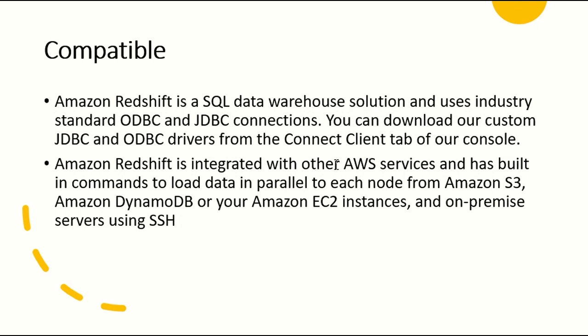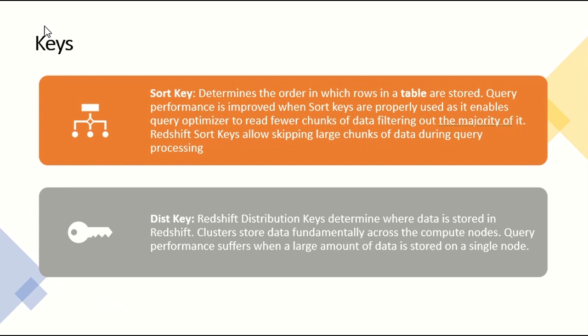AWS Redshift is integrated with other AWS services, which have built-in commands to load the data into Redshift in parallel into different nodes. You can load data from Amazon S3, Amazon DynamoDB, EC2 instances and other on-premises servers using an SSH connection. Let us see the keys in Amazon Redshift.